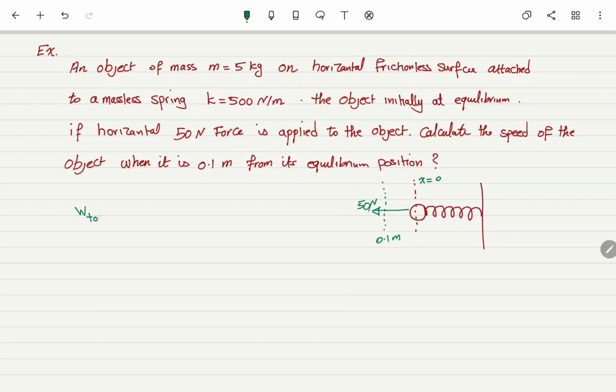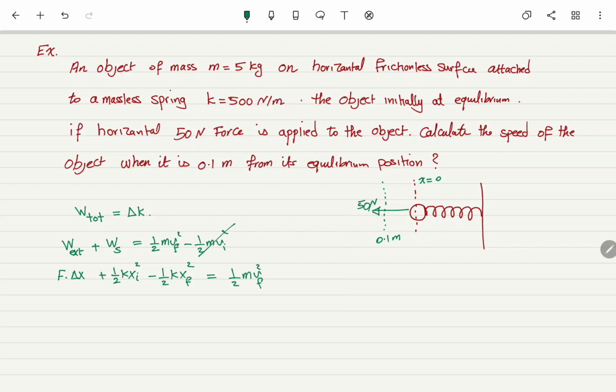Work total equals delta K. We have work from the external force plus work from the spring equal to half m v final squared minus half m v initial squared. The work done by the external force is F dot delta x, plus the work from the spring, which is half k x initial squared minus half k x final squared, equal to half m v final squared.